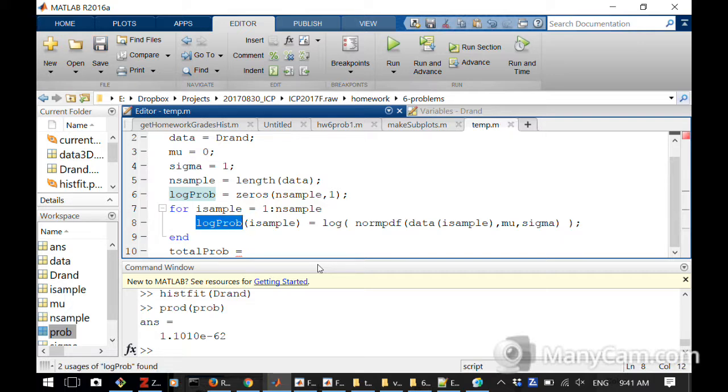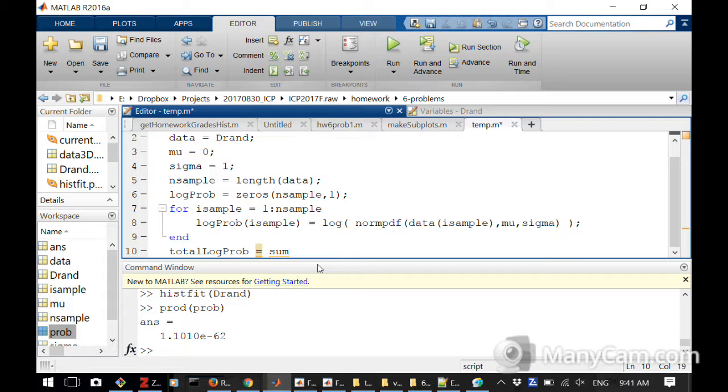This is log probability. So then what is the total probability? Total log prob. It's sum now, right? So here's the thing. When you take the log of an equation, product turns to a sum.